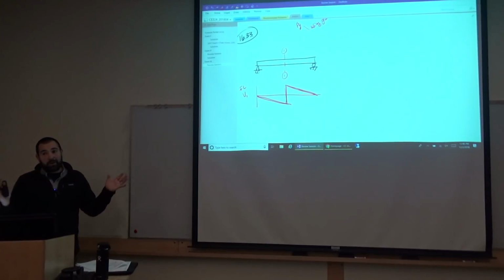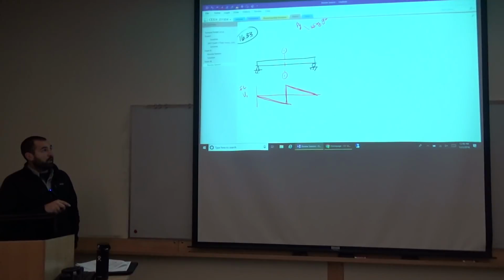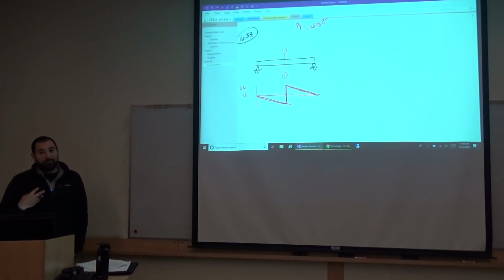I mean, it's a really easy calculation. But a fair conceptual question would be, where should I put a load to get the maximum effect? Which isn't asking you for the magnitude of what the shear is going to be, but where should I put a point load to maximize the positive shear on section cut 1? Well, you would be putting that point load right here because that's the largest value of the influence line on the positive side.